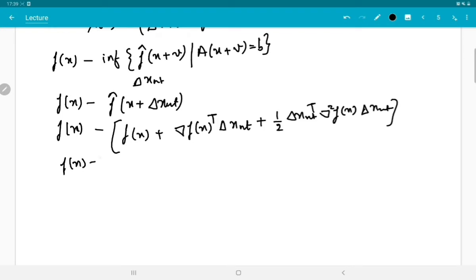This is f(x) minus del f(x) transpose delta x in t minus half of this, which is what we have defined as our lambda. This is lambda square.